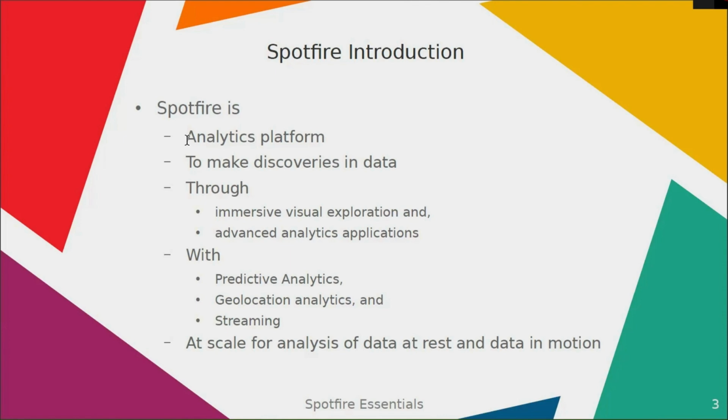That is called prescriptive analytics. That enters into the data science domain rather than being in the data analytics domain. So Spotfire lies somewhere between predictive and prescriptive. It's not purely prescriptive analytics so far, but it is far ahead of predictive analytics. And another type of analytics it has is geolocation analytics.